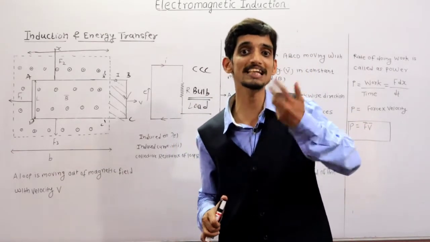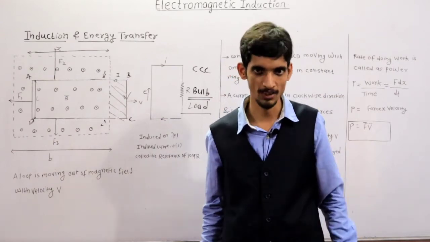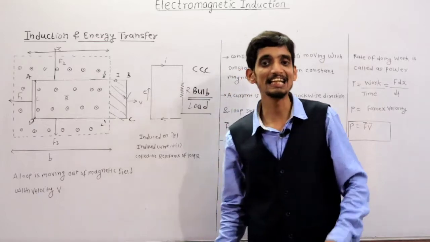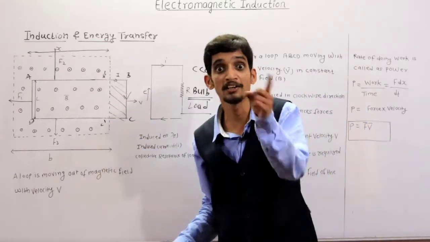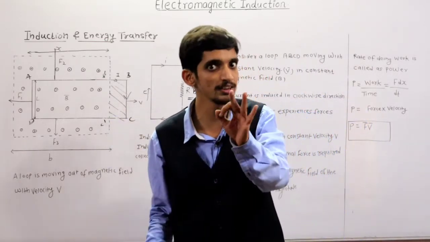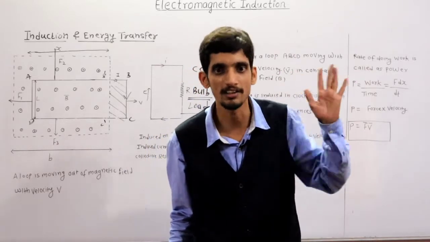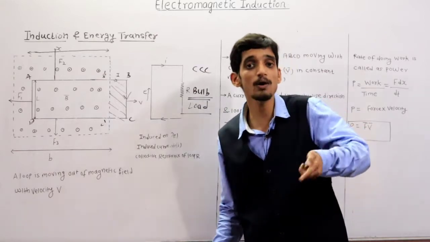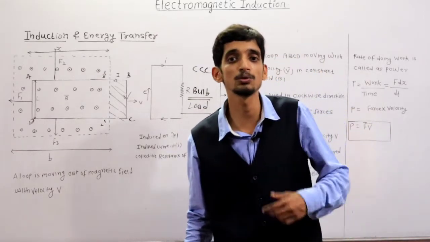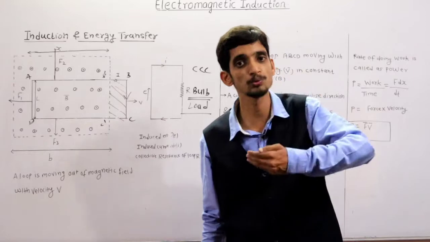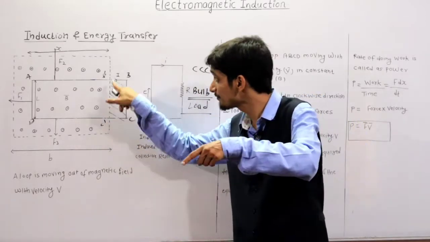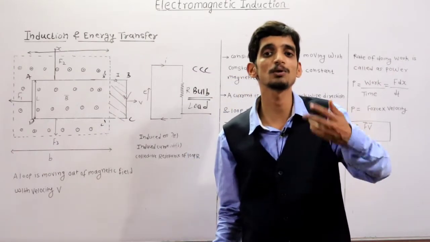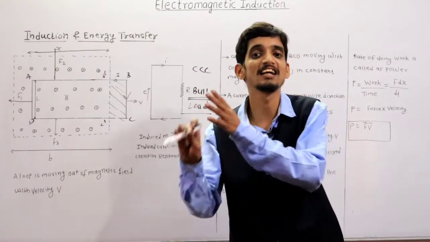Now these four segments are placed in a uniform magnetic field B, and they also carry current. Initially the segments do not carry current, they are only present in the magnetic field. As I apply some constant velocity or force to them, EMF is induced and current is induced, and they are still present in the magnetic field. That's why they are called current carrying conductors.